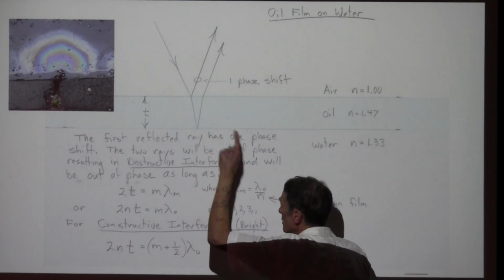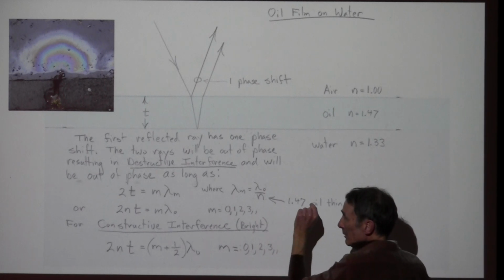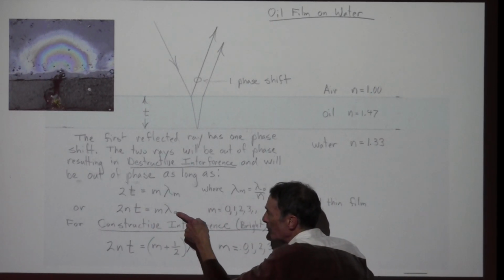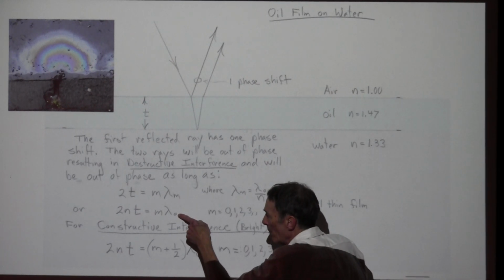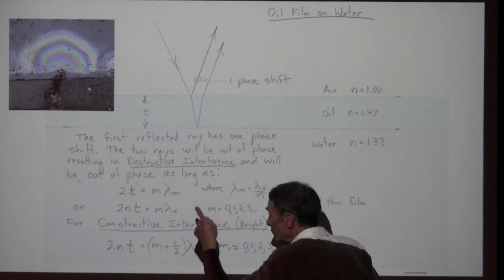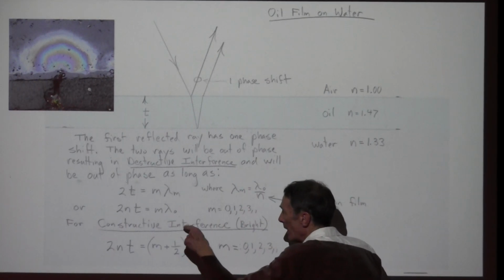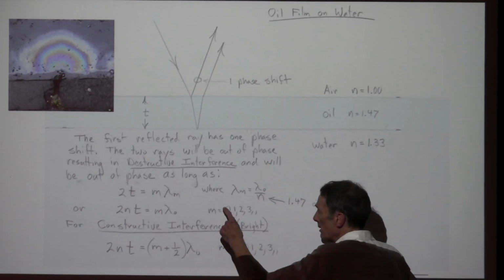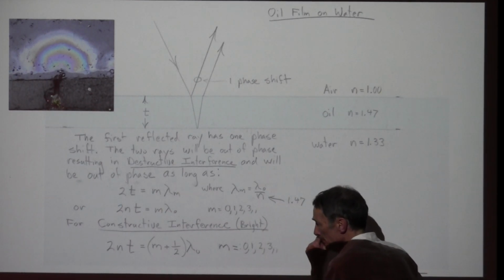We were traveling the distance 2t, and they were dealing with a shorter wavelength in the material, or more conveniently, we do it in terms of its wavelength in free space. So we will have destructive interference as long as we have a whole number of waves in that thickness. So that whole number of waves can be 0, 1, 2, 3, and so on.